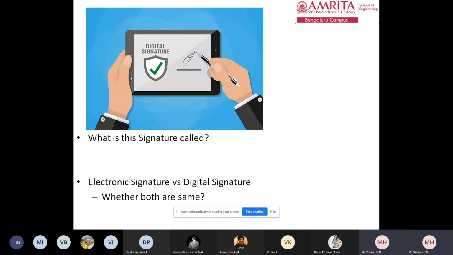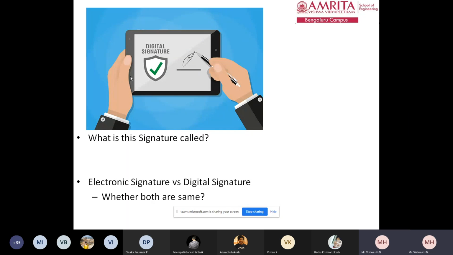Electronic signatures are where you do not include keys or any kind of authentication mechanism. Electronic signatures do not incorporate any coding or standards.